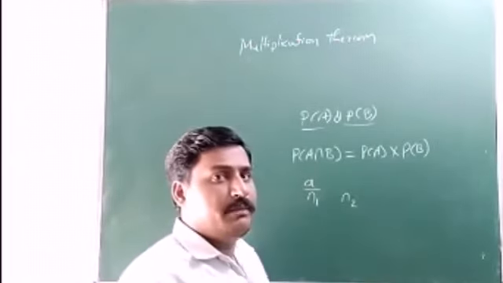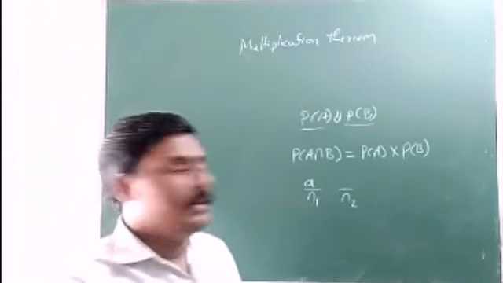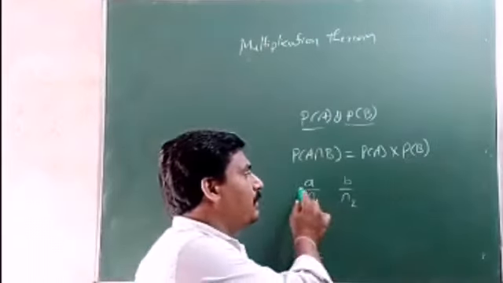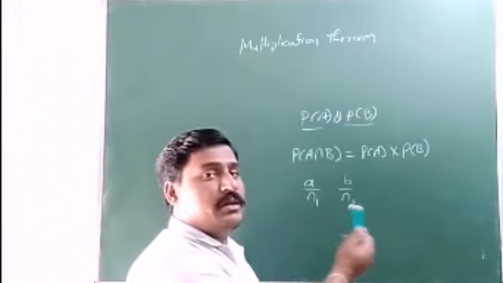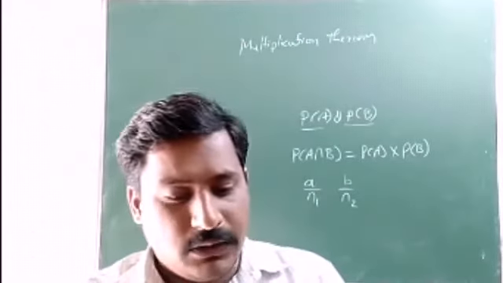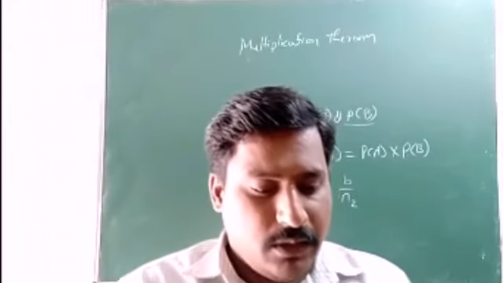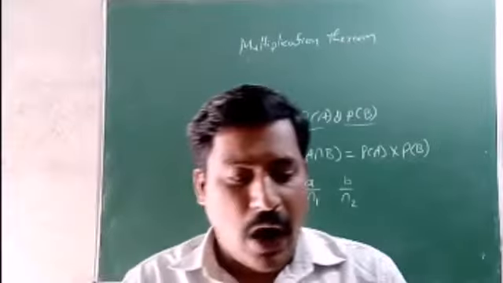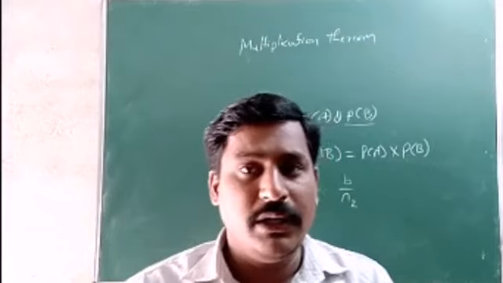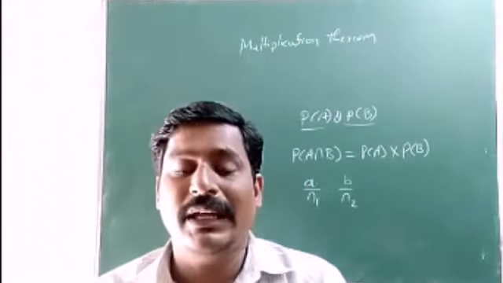The favorable cases to event B are b. So probability of A is a divided by n1, probability of occurrence of B is b divided by n2. Out of n1 into n2 outcomes, a into b outcomes are favorable to events A and B.